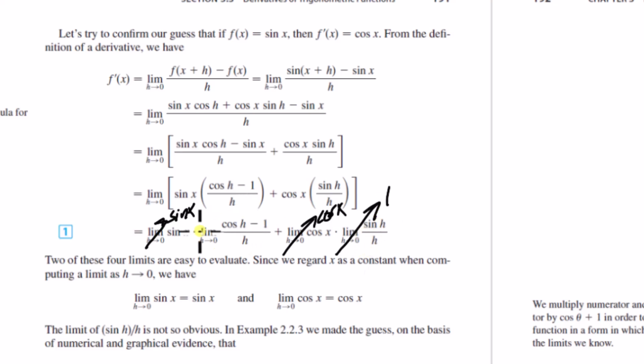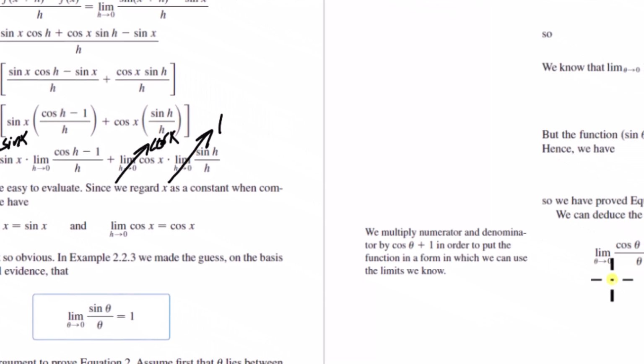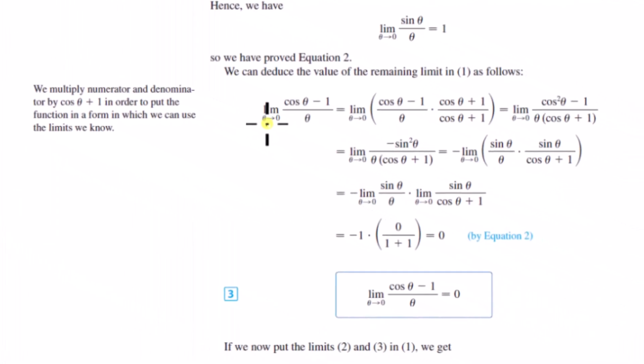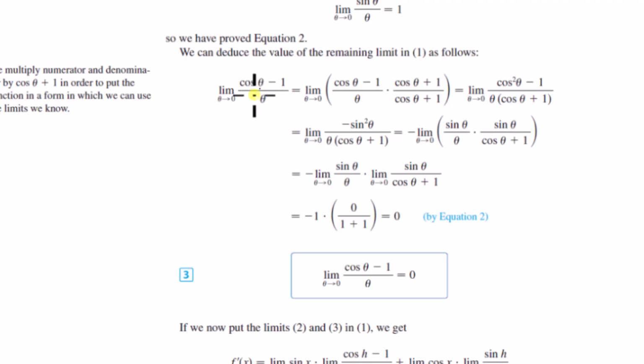Okay, now we just have this last limit here: the limit as theta approaches 0 of cosine theta minus 1 over theta. They simplify the limit function by multiplying by 1 in the form of the conjugate of the numerator. So now you get this limit function here. Cosine squared theta minus 1, using sine squared plus cosine squared is equal to 1, you can convert into minus sine squared theta.